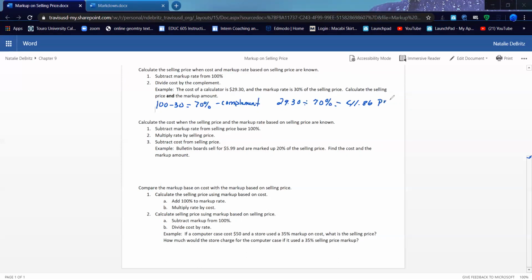Let's mark that. So then I'm going to find the markup amount by taking the $41.86 and subtracting the cost, which was $29.30, which is going to give me $12.56. This is the markup amount.